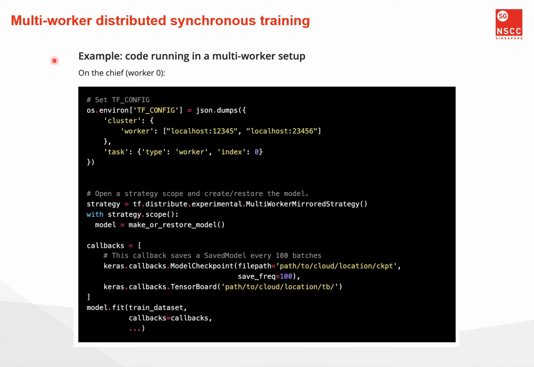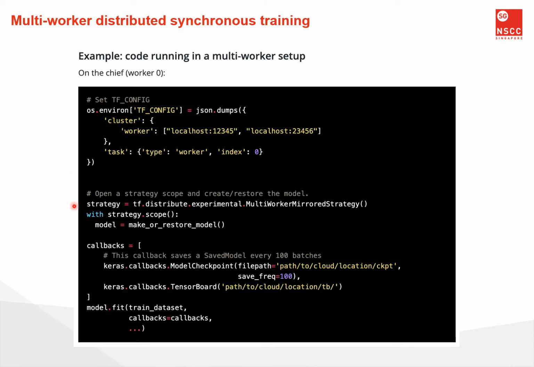So this is what the code for the main worker, worker 0, the chief, looks like. At the front, we have the environment variable set up with the cluster configuration, which are the hosts, which are the workers, and then the task that we are performing. In this case, we notice that we have index 0, which means that this is the chief.